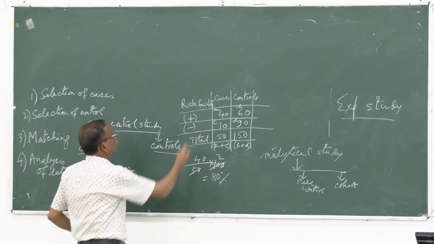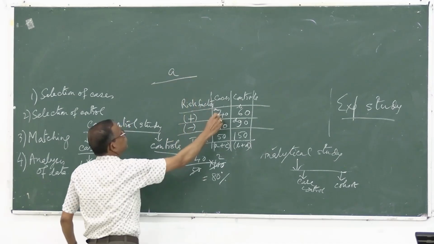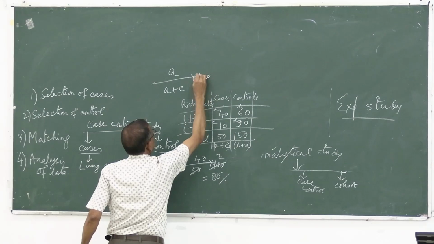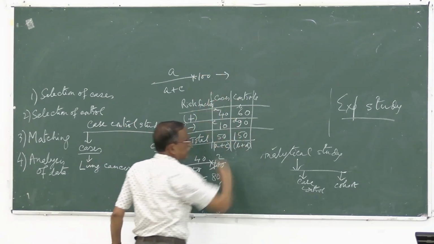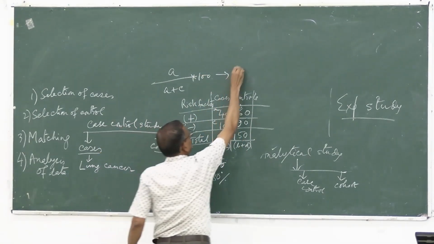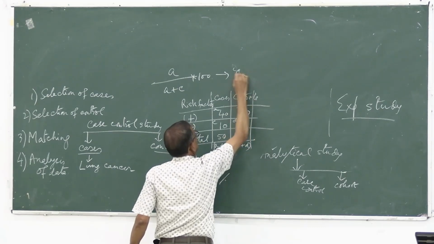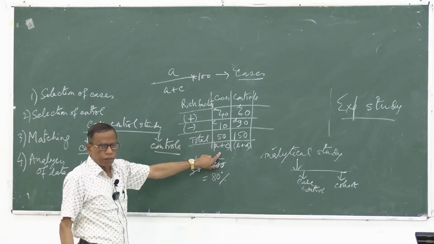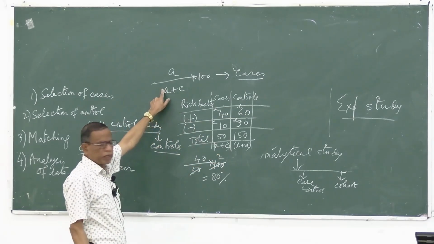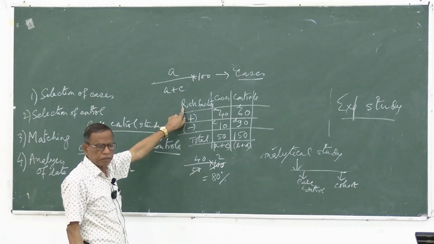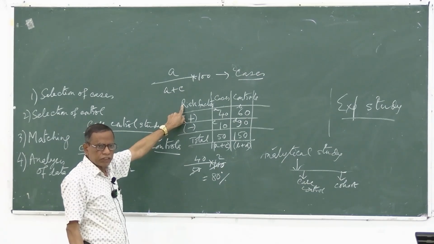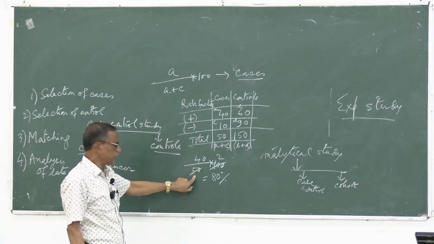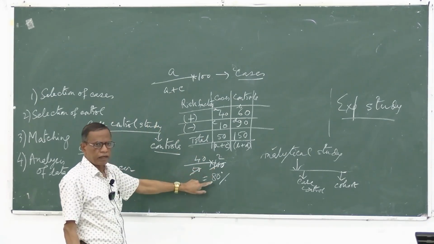Frequency of exposure মানে ফর্মুলাটা যদি লেখো A by A plus C into 100. এটা হচ্ছে frequency among the exposed group, among the cases. These are the case group, total 50. What is the frequency of exposure? Frequency of exposure means risk of smoking A by A plus C, 40 by A plus C means 50 into 100, so 80%.